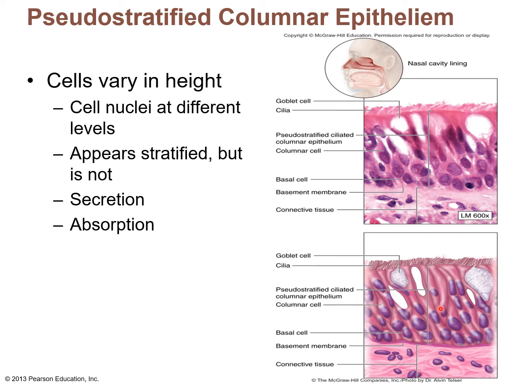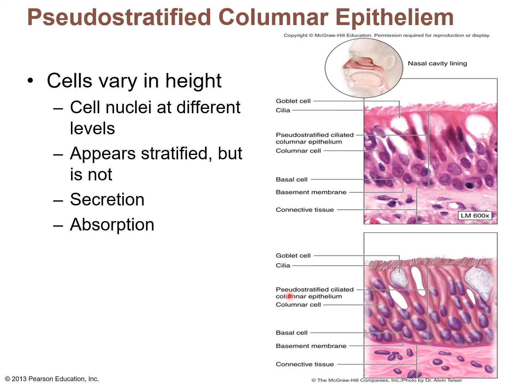But it's not. It's actually a simple tissue. When you look at it, it confuses you and you think you're looking at a stratified tissue because the nuclei are not all at the same level. The nuclei are found at different levels.